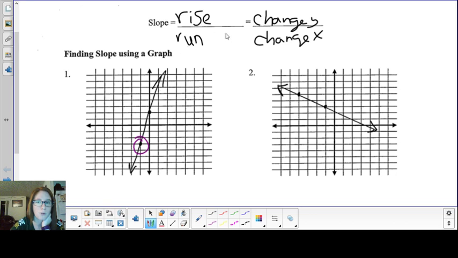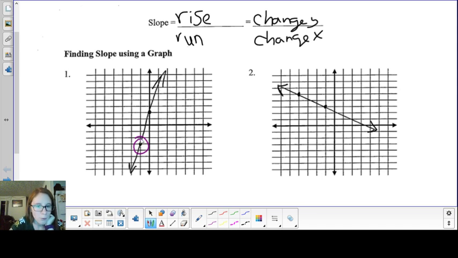So first I'm going to rise or change my y. So I'm going to count how many points, going to count up, or in this case up, to determine how far up I go to the next point, and then I'm going to go to the right or left. I'm going to go to the right.